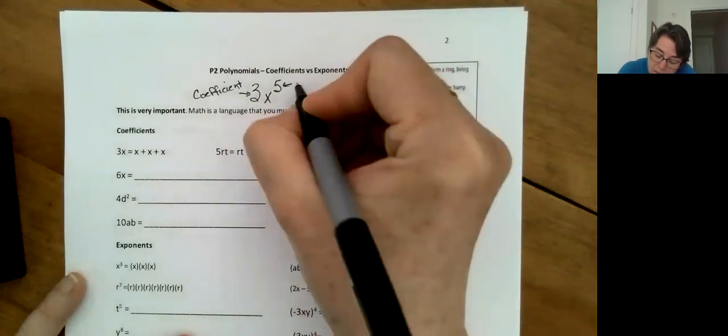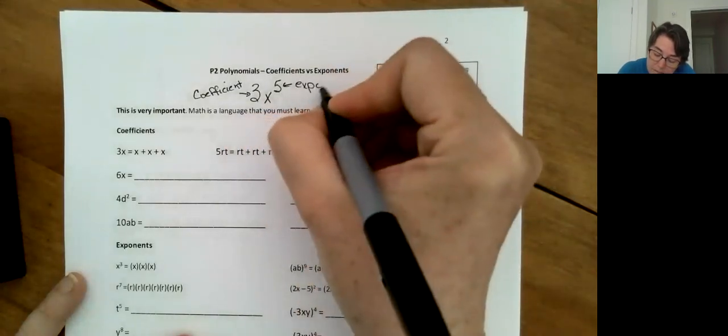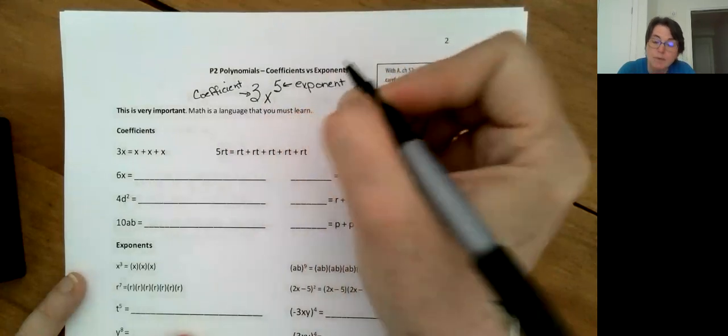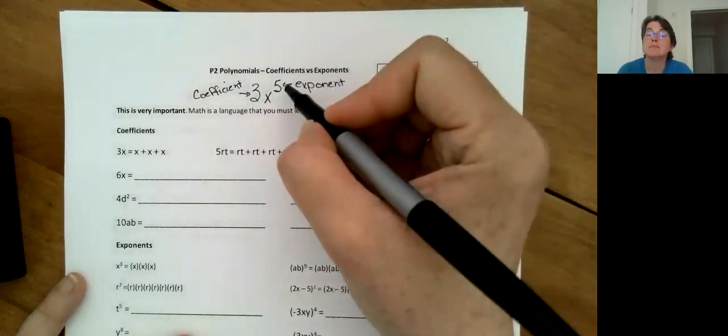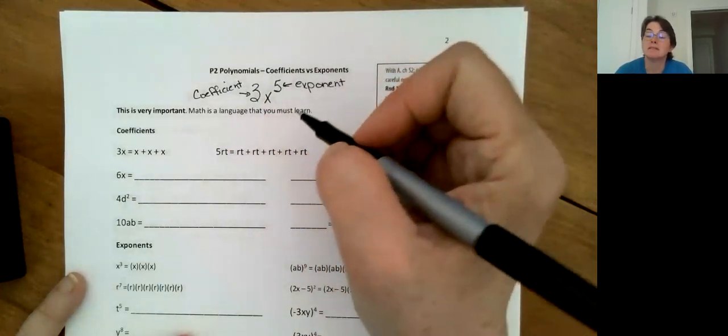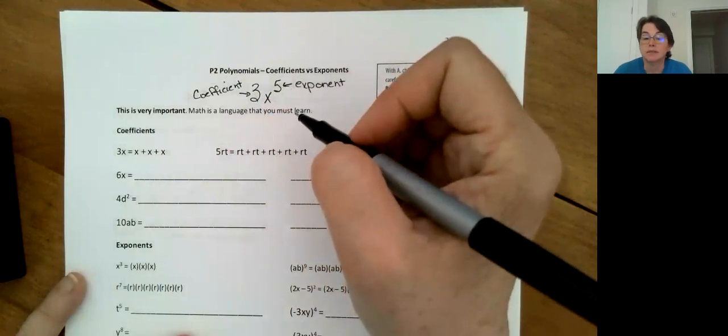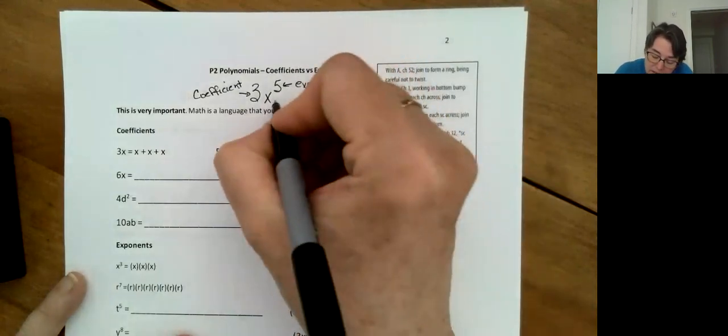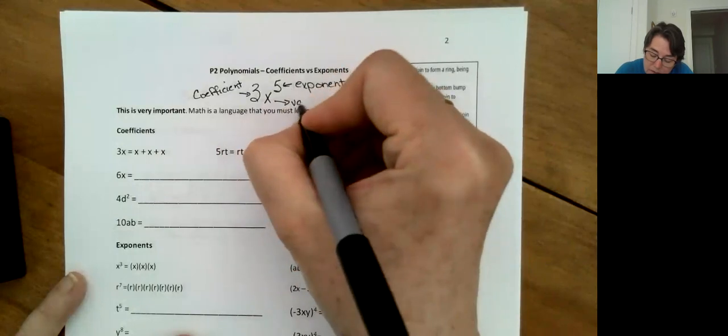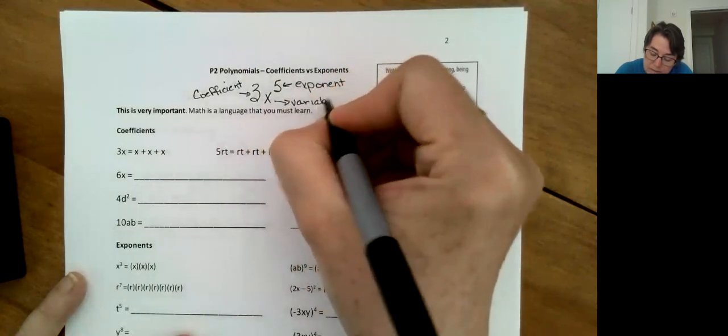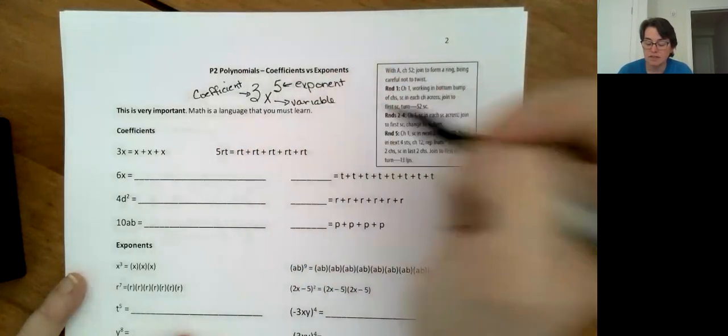And this is your exponent. The exponents are the little numbers up on top. Those are the superscripts. And the x in there, that's your variable. But today we're going to worry about coefficients and exponents.